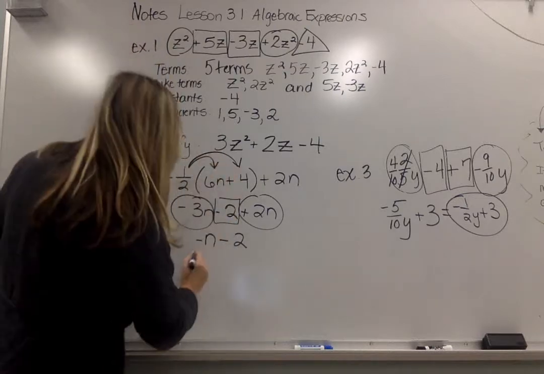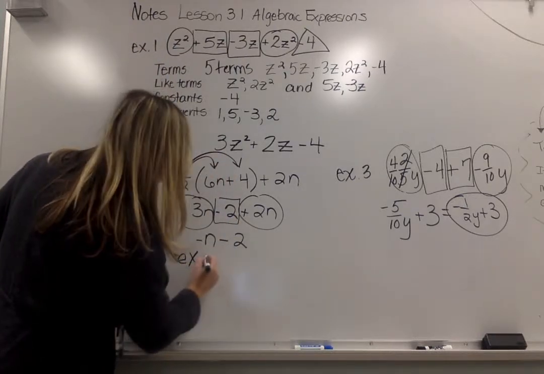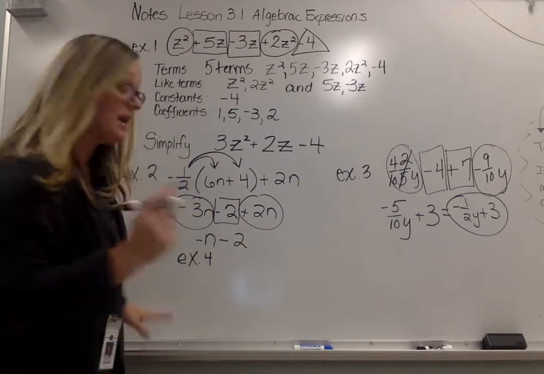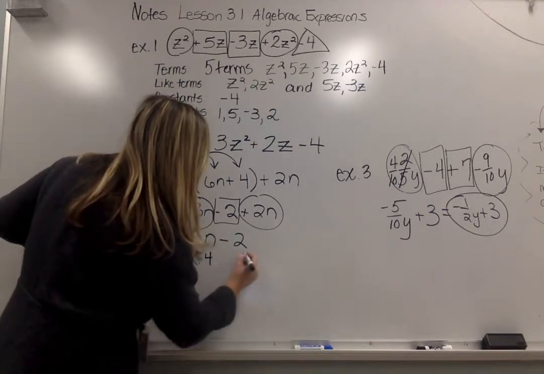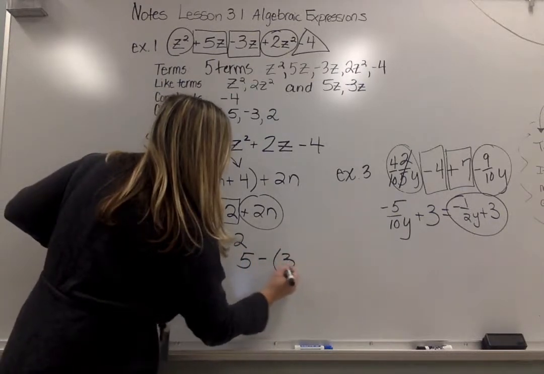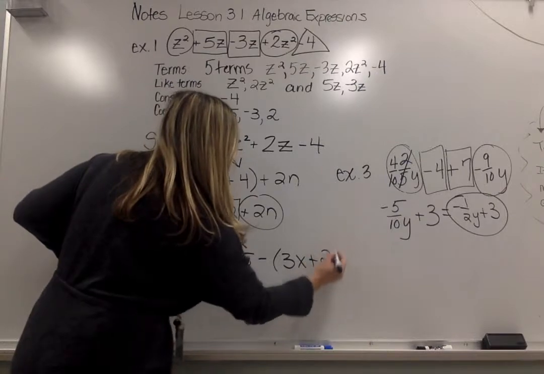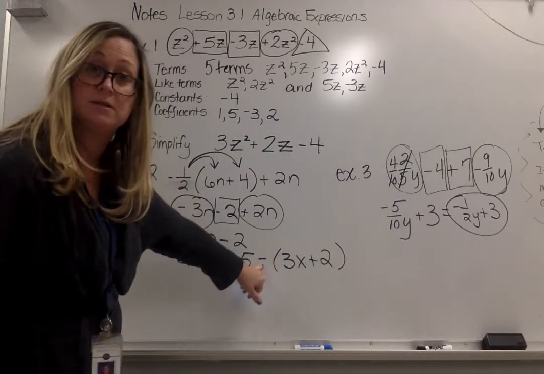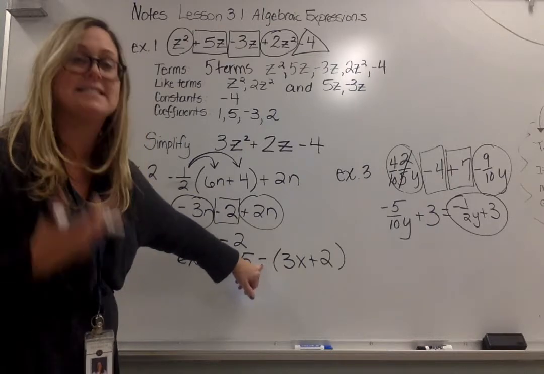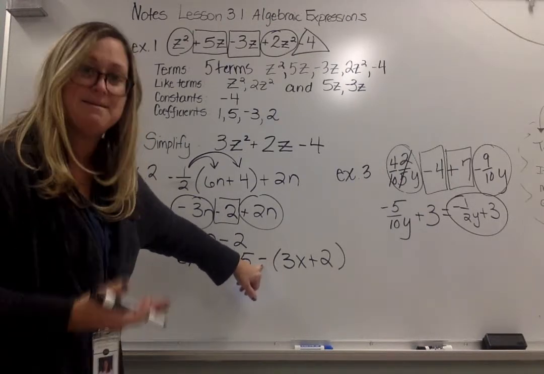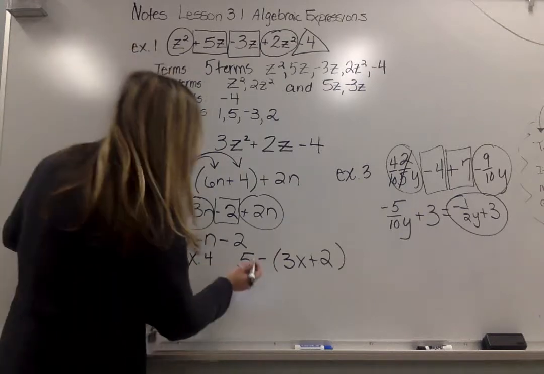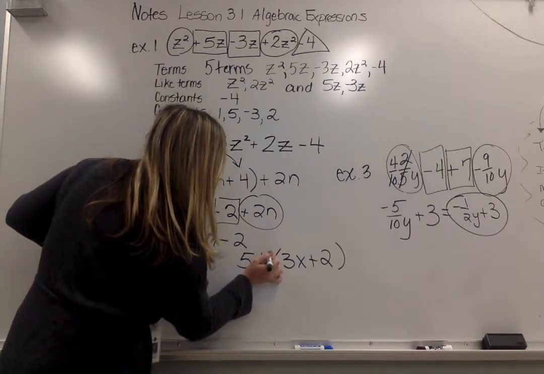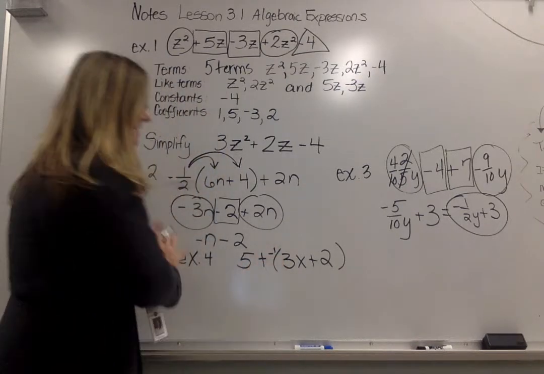I'm going to do actually one more example. The last example I want to show you is distributing the negative. So if I have 5 minus the quantity 3x plus 2, what do you notice is in front of the parentheses? A minus sign. That is the exact same thing as a negative 1. Because if I do a minus, negative 1, it's the exact same thing.